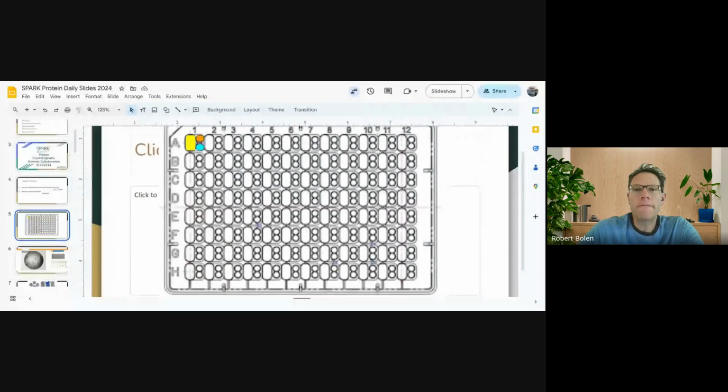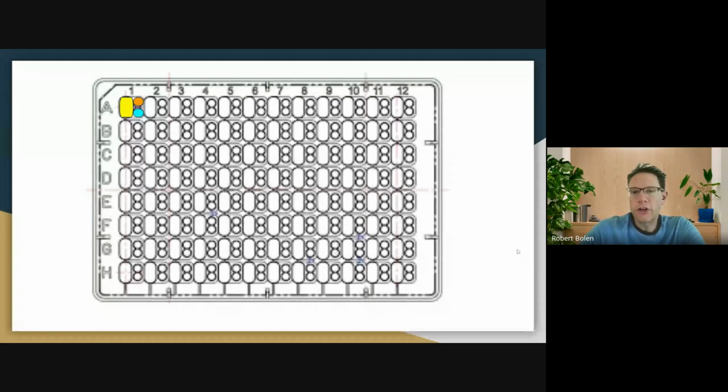I just want to show one quick picture that I found while you were doing this, so that everybody gets the sense of what we're talking about here. This is what the plates look like. They're 96 well plates, and the yellow blob here represents the reservoir where the conditions go in.